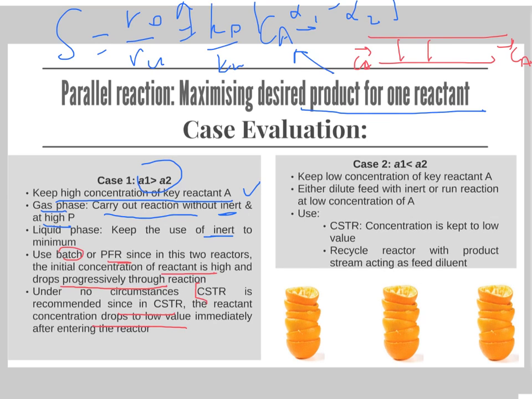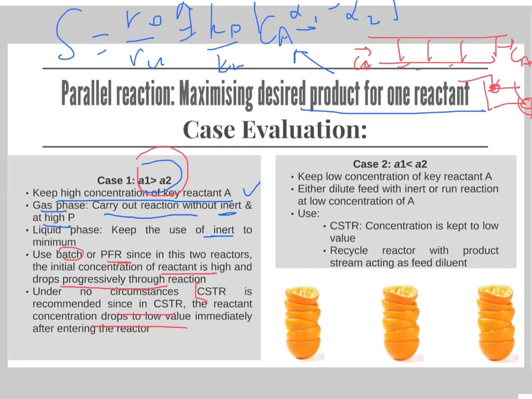Along the length of the reactor, the concentration drops progressively. But if we use a CSTR, once it enters the CSTR, the concentration at this point is the same as the concentration at the outlet. So the concentration drops straight away, which is what we don't want for the case alpha 1 bigger than alpha 2.